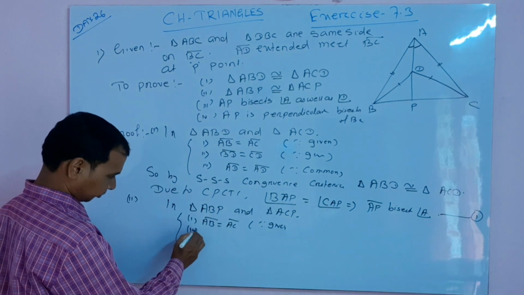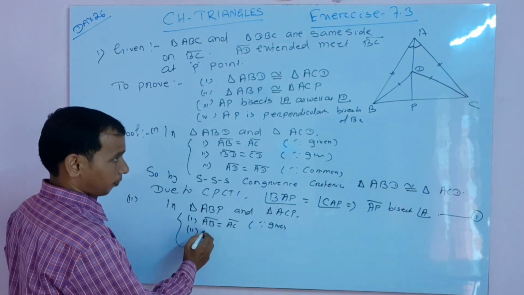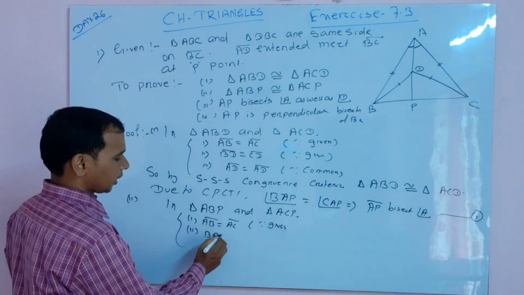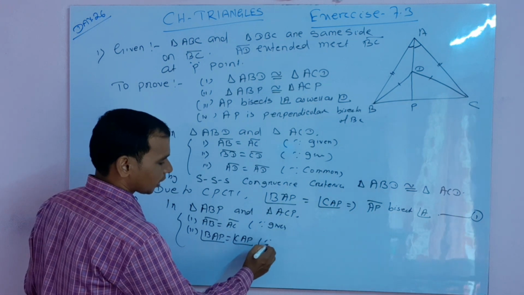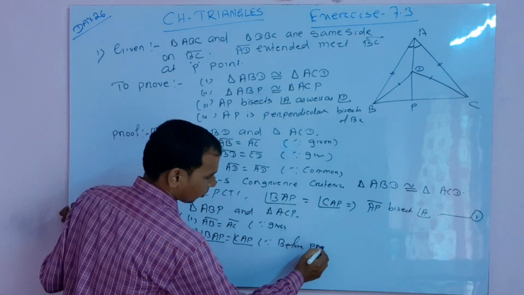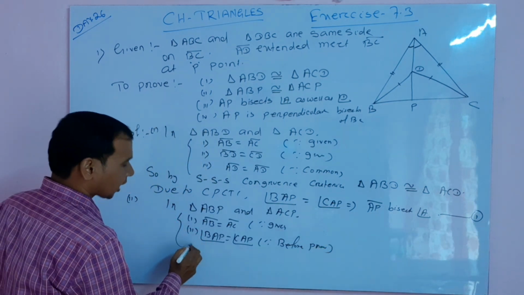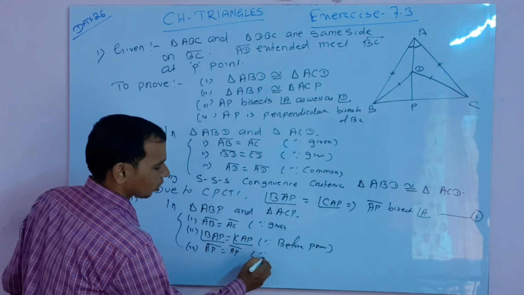Second, angle BAP is equal to angle CAP because of the earlier proof. And third, AP is equal to AP because common.